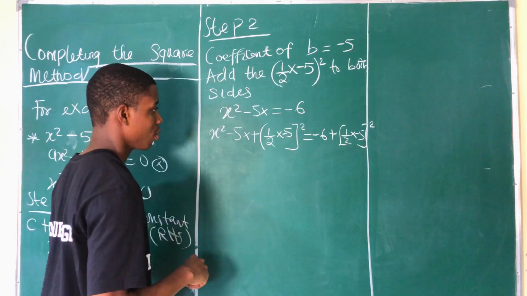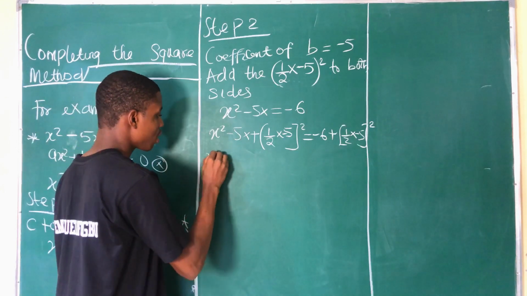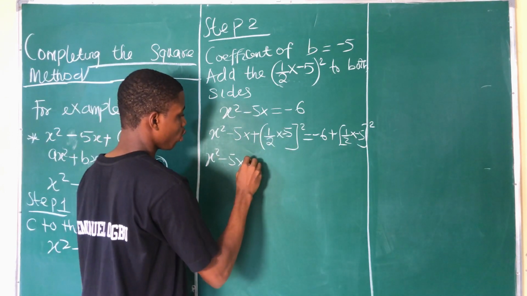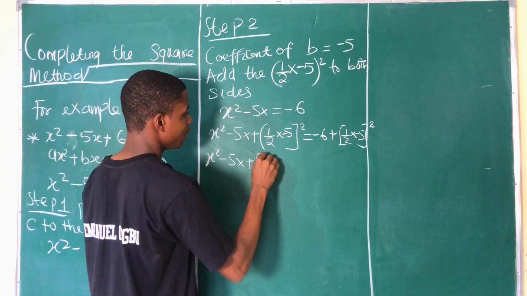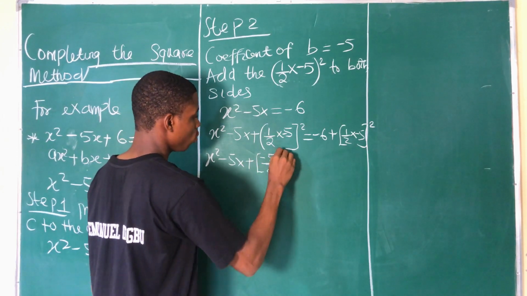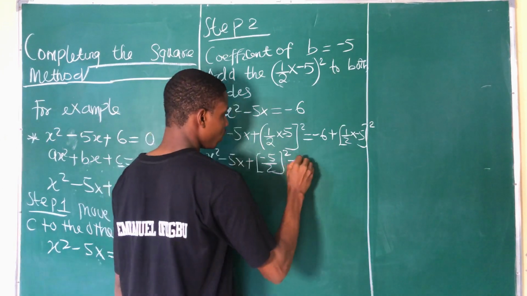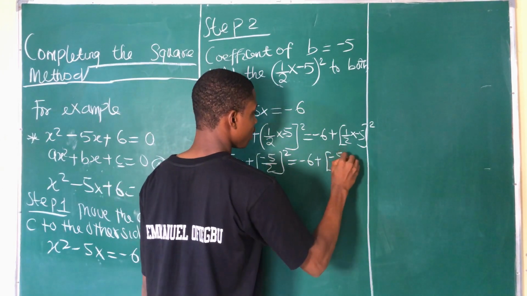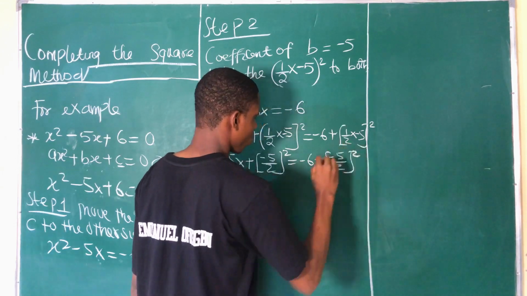Of course, we successfully did that. So this gives us x squared minus 5x plus bracket negative 5 over 2 all squared, equal to negative 6 plus bracket negative 5 over 2 all squared.